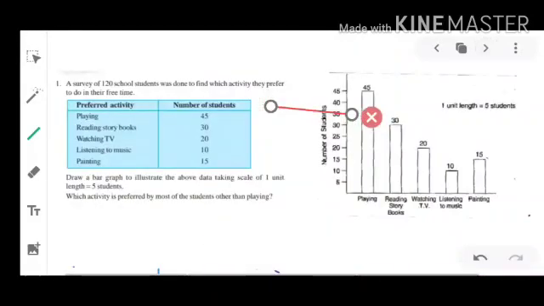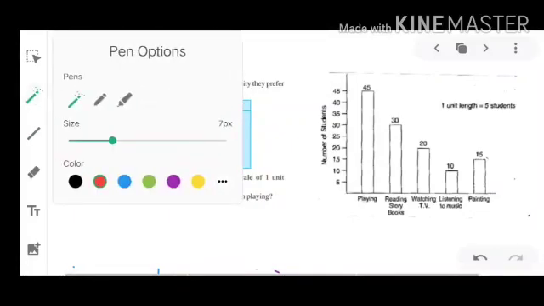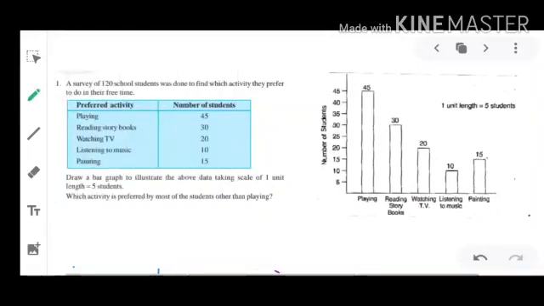Students, first of all, we will read the question properly and after that we will start to draw. A survey of 120 students was done to find which activity they prefer to do in their free time. Preferred activity: playing, reading storybook, watching TV, listening to music, painting.